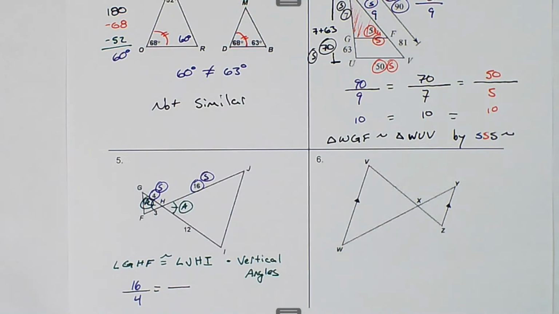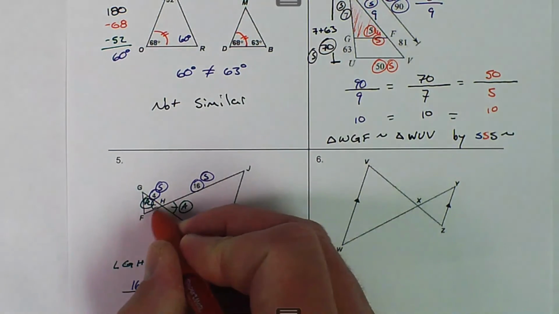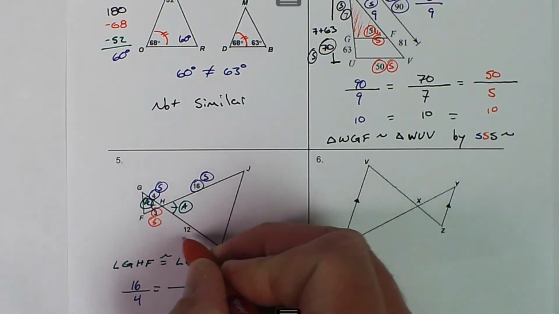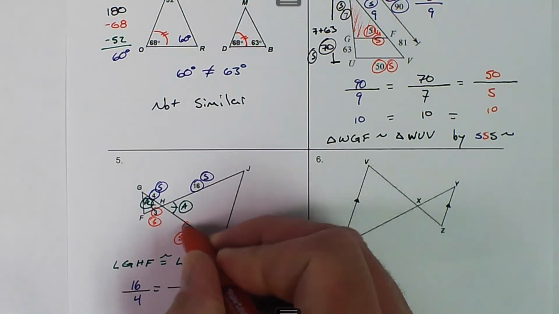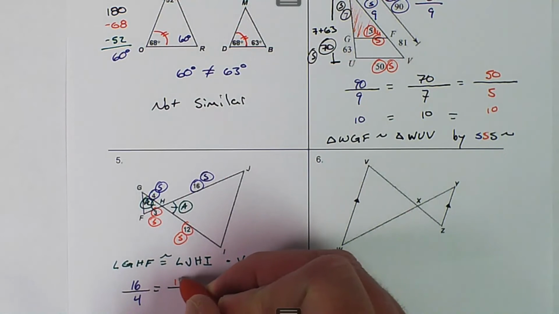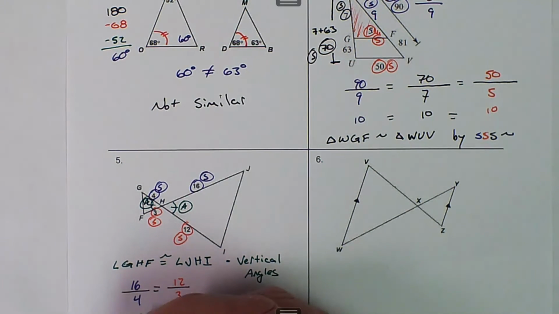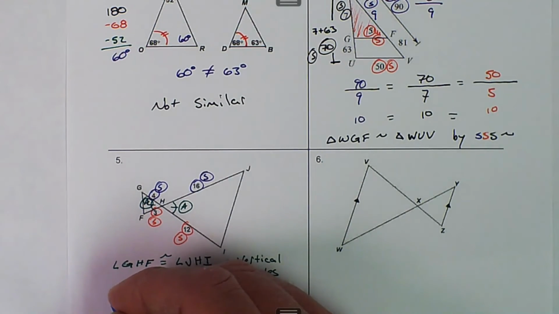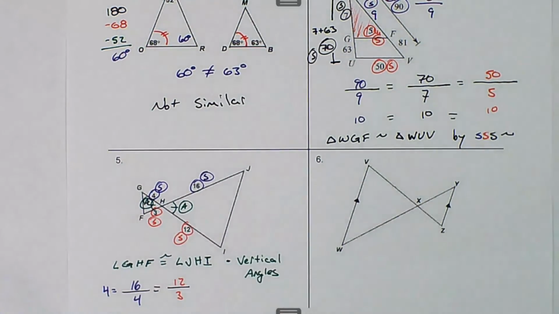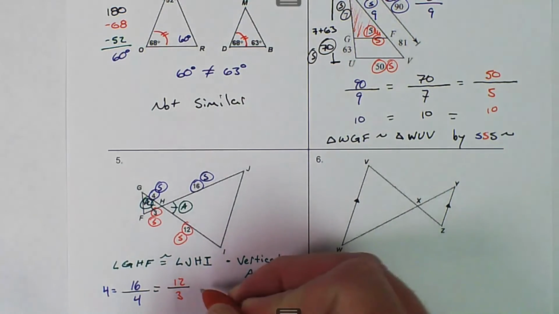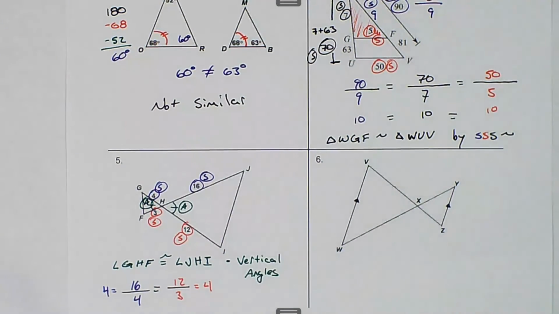And then we have 3 and 12. So in our calculations, we have 16 divided by 4. That is equal to 4. And then we have 12 divided by 3, and that is also equal to 4.